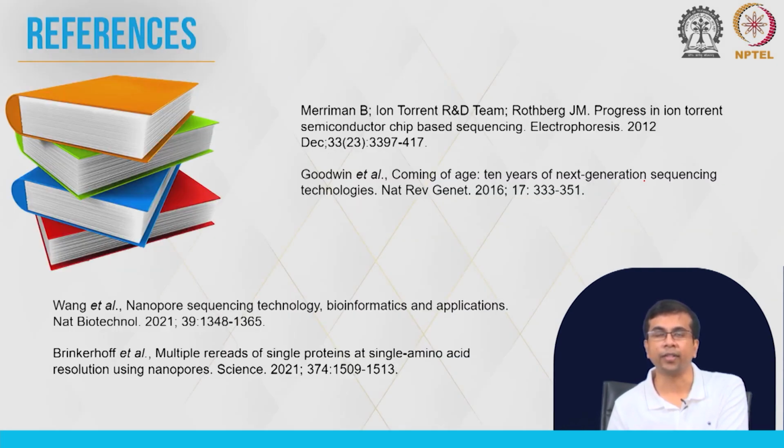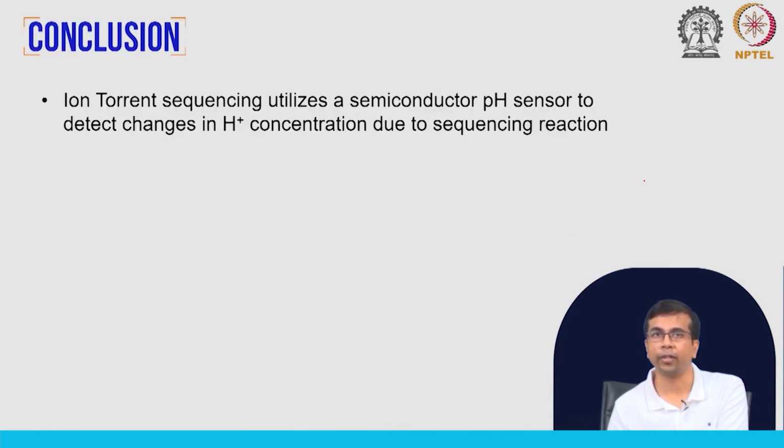Here are the references that we have used for this class, and to summarize, we have talked about two sequencing methods. The first one was ion torrent sequencing. The ion torrent utilizes a semiconductor pH sensor, and it detects changes in H plus ion concentration when the sequencing reaction is going on.